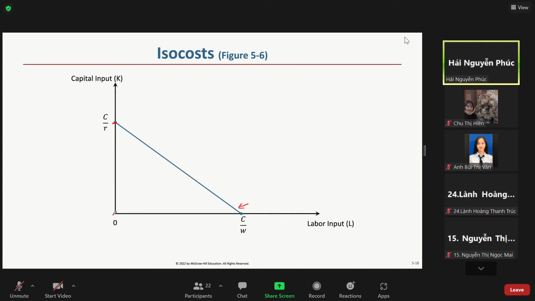It means that when the quantity of labor input is equal to 0, all the budget would be spent on capital. So C divided by R is the maximum amount of capital used.